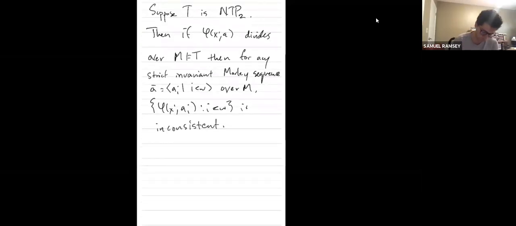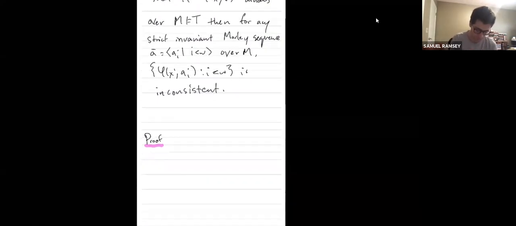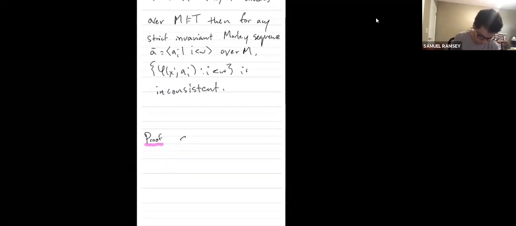All right, so how do we prove this? As always, we go into this proof asking ourselves what we have to push against. And the only real assumption that we have here is that the theory is in NTP2. So the game will be that we assume that it's false, and we try to construct the TP2 array. That's how these proofs go. So what we'll do is we'll say, okay, suppose not.